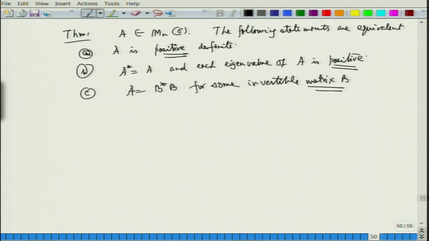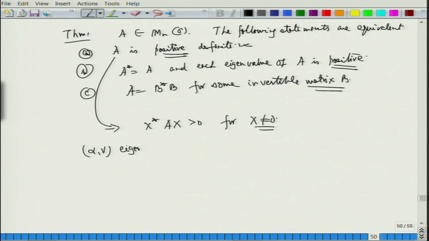Fine. So again let's go back and understand that positive definite implies that x star A x is positive for x not equal to 0. All right, fine. So when I look at an eigenvector, if alpha comma v is an eigenpair, then what we know is that alpha times norm of v square, as you computed earlier, is the same as alpha times v star v, which is the same as v star alpha v, which is the same as v star A v.